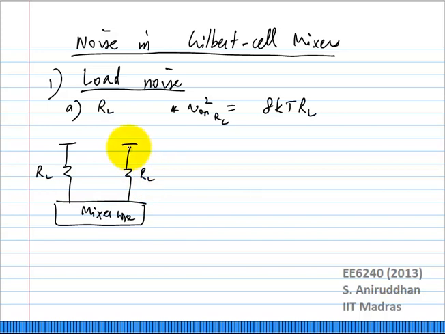These are the two RLs. So the total noise due to these two resistors is 8 kT RL. What about flicker noise? Can you have flicker noise? Normally no, normally not from a resistor. But of course you should be careful about the kind of resistor that you use and make sure that the flicker noise is very small.